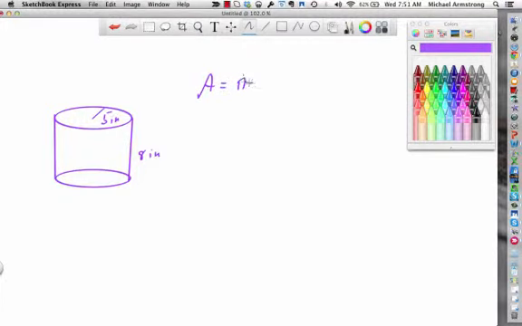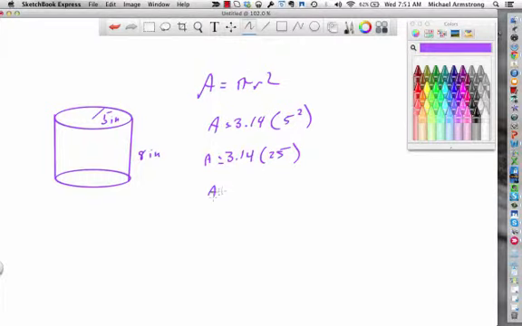Okay, so what's the area of the circle? This is one you do need to know, pi r squared. So the area of the circle is 3.14 times 5 to the second power, which is 3.14 times 25. And you just put that in your calculator, which is 78.5.